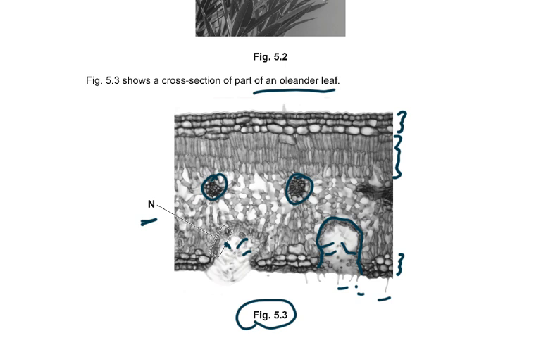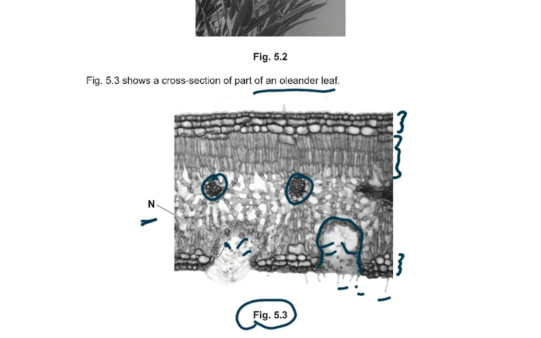Then you could have said the trichomes or the hairs around the stomata, and this reduces air movements. Or you can say it traps still air, which will create a humid atmosphere. So it will reduce the diffusion, or reduce the water potential gradient for water vapor.